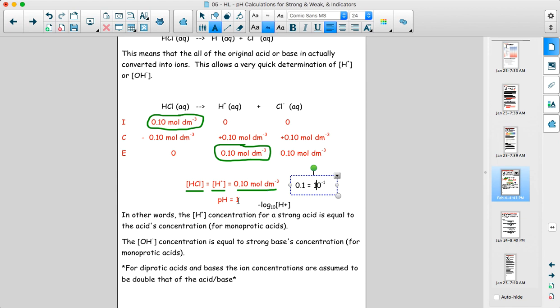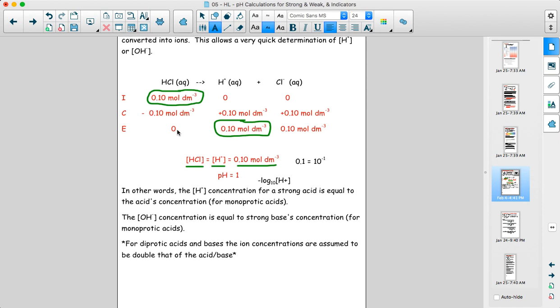So all these relationships between H plus and pH, you should be quite comfortable converting between them. If it's a simple number, you can turn it right into a pH value. So once we know the acid concentration or the base concentration, then we immediately know the H plus or the OH minus concentration, and we can get the pH value.